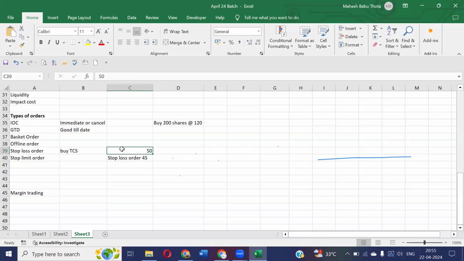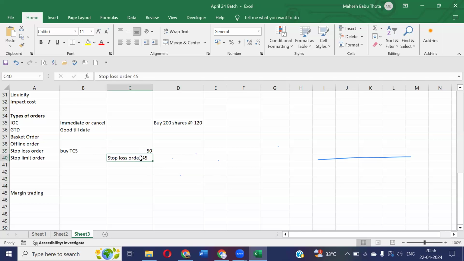Are you getting the point? Yes, Mahesh. I kept my TCS shares bought at 50 rupees and I want to keep a stop loss order. If it goes below 45, I'm pretty sure the share price will go down to 30 or 35 also.